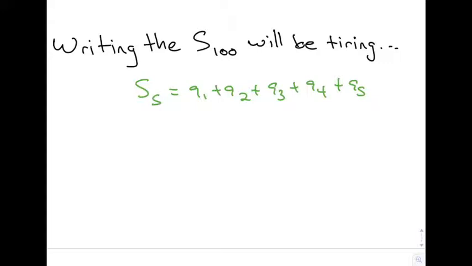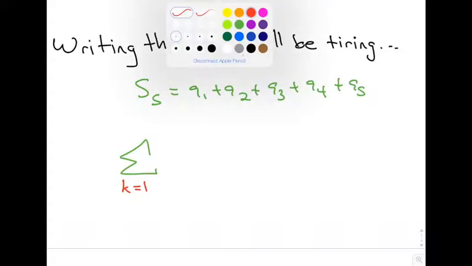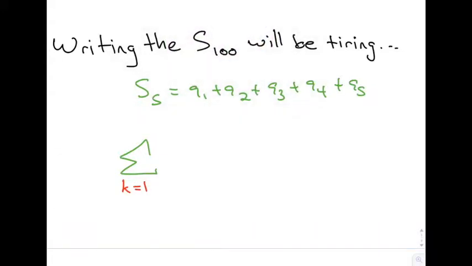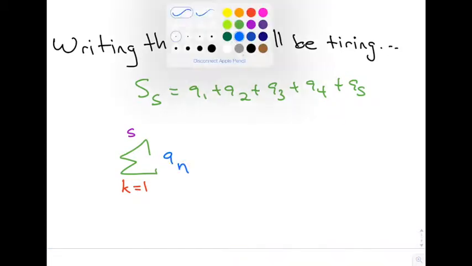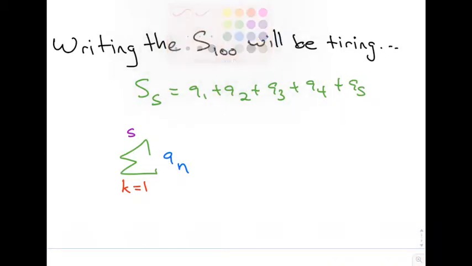We can write this very briefly using what's called sigma notation. Sigma notation uses the Greek capital S, sigma, and we have a summation index, k equals 1, and we sum to some other number, 5 in this case, of the sequence A sub n.